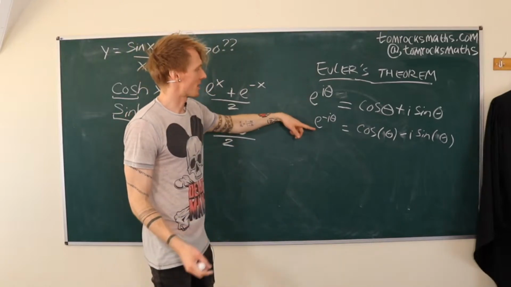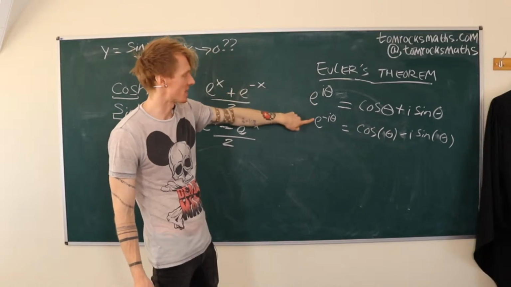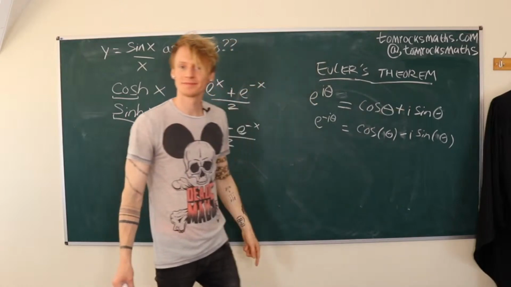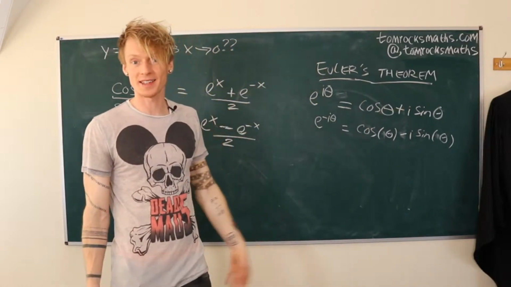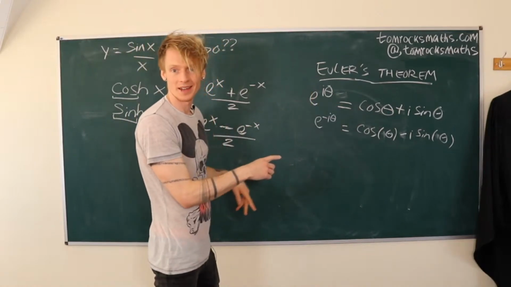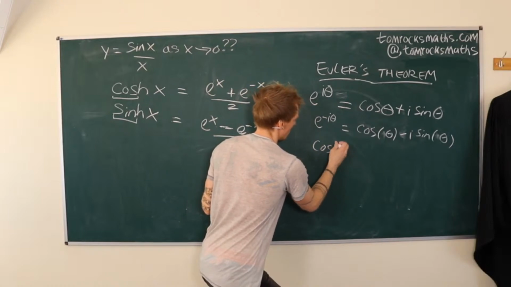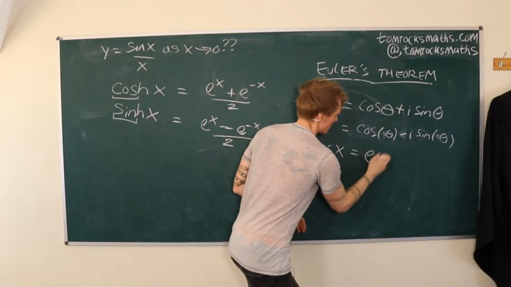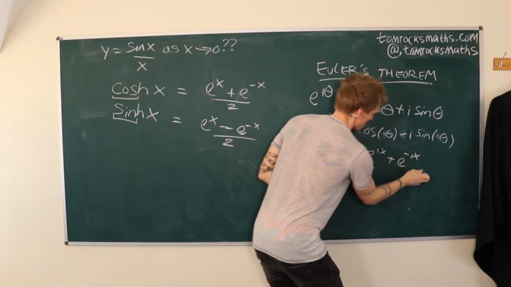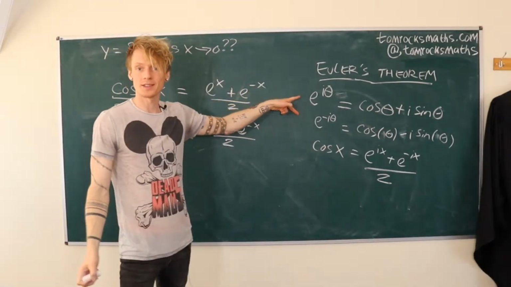Now we can just add them together. If I do e to the i theta plus e to the minus i theta, the sine terms cancel. They completely vanish: I've got plus i sine theta minus i sine theta. So they cancel when I add them together, and I get two lots of cos. So cos of x is e to the ix plus e to the minus ix, over 2, just by adding these two equations together.